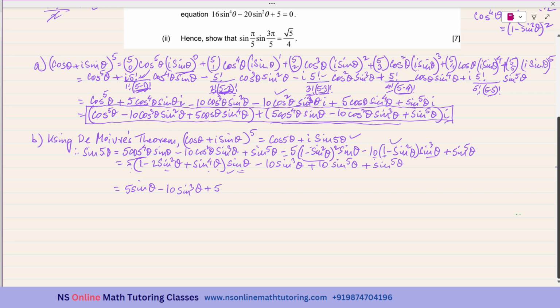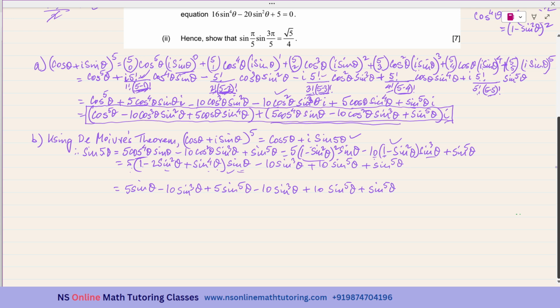So plus 5 sine to the power of 5 theta minus 10 sine cube theta plus 10 sine to the power of 5 theta plus sine to the power of 5 theta.